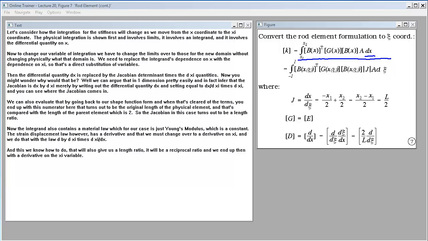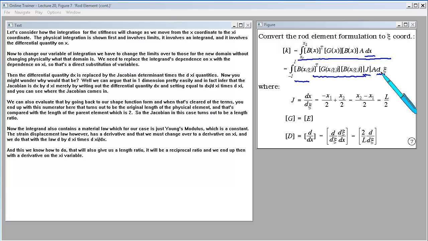Now to change our variable of integration, we have to change the limits over to those for the new domain without changing physically what that domain is. We need to replace the integrand's dependence on x with the dependence on xy, so that's a direct substitution of variables. Then the differential quantity dx is replaced by the Jacobian determinant times the dxy quantity.